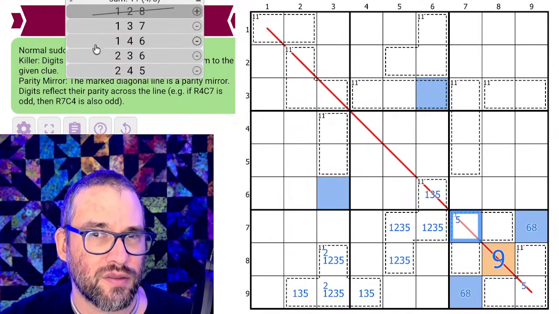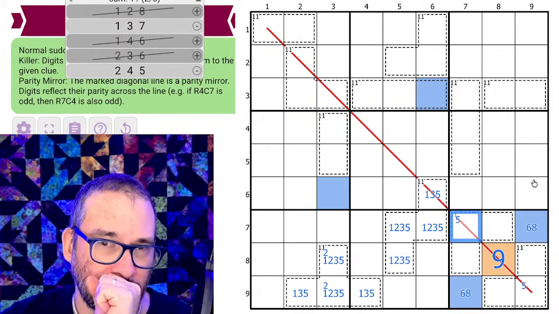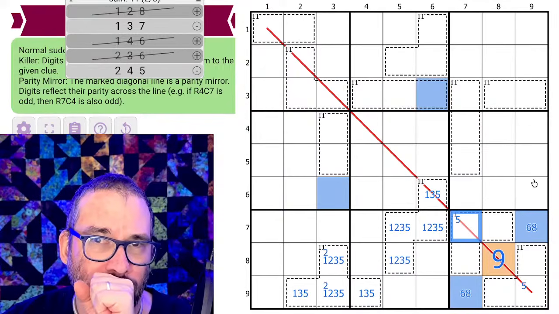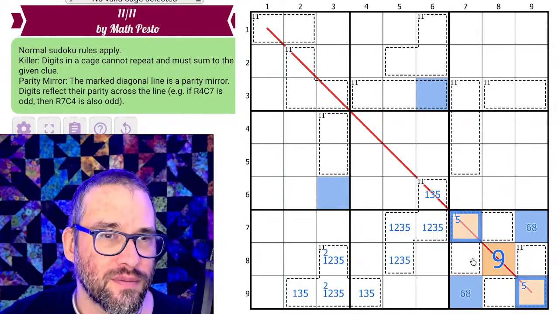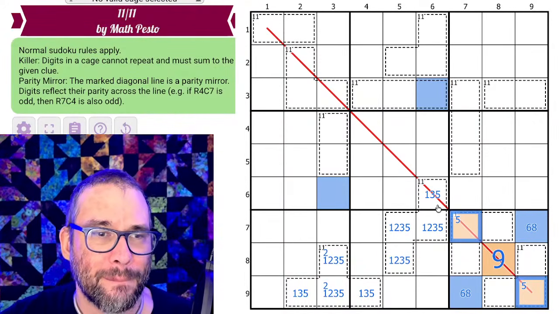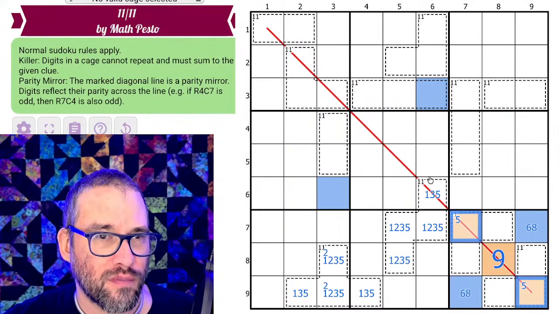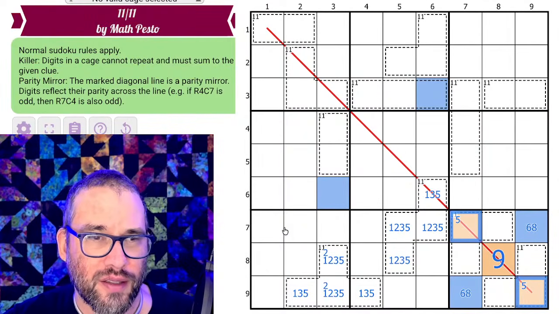Let's see, yeah, these are 137 and 245. Right, which does mean these are both odd. Let's see.